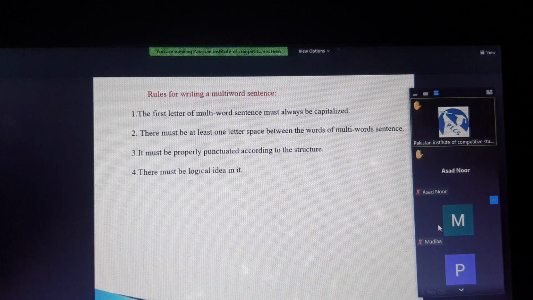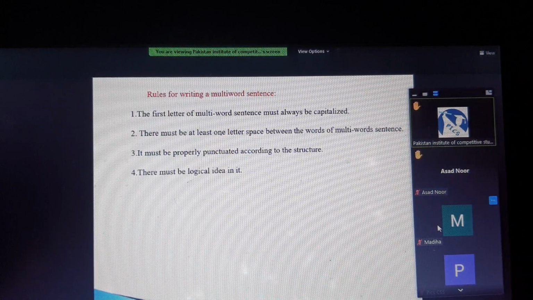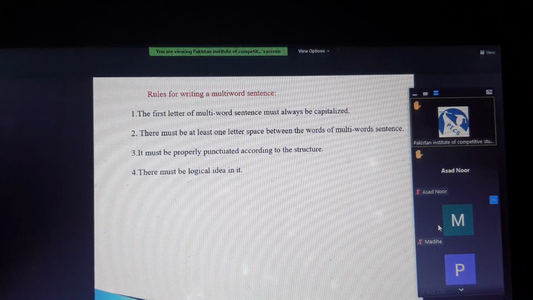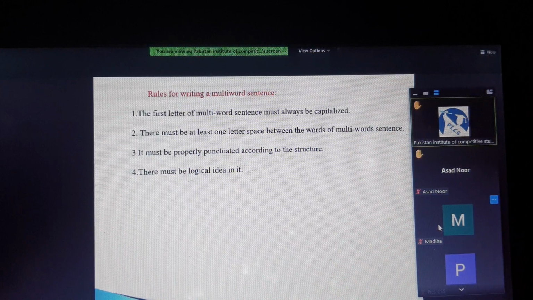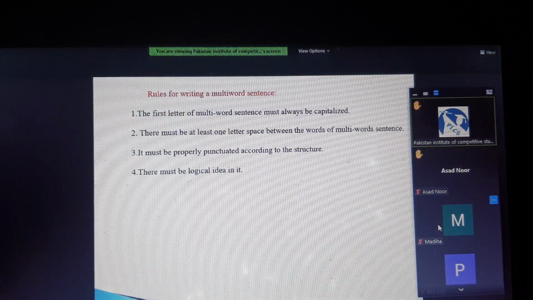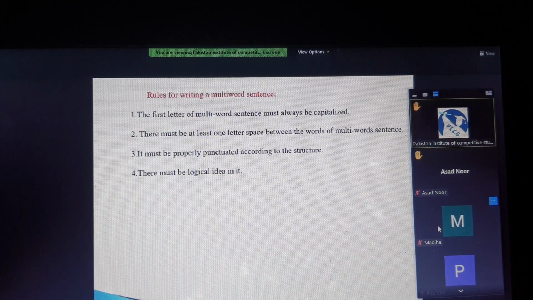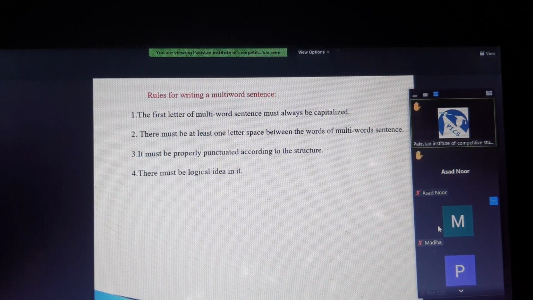These are 4 important rules which are very important to learn and to follow and to execute. जब भी आप multi-word sentence को लिखोगे, so you have to make sure that the first letter must be capital. उसका जो पहला हर्फ होगा वो कैपिटल होगा. अगर कैपिटल नहीं होगा, it will be considered wrong. आपको तो लगेगा कि छोटी सी मिस्टेक है, लेकिन इस तरह कॉम्पिटिटिव एग्जामिनेशंस में इस छोटी मिस्टेक की भी कोई गुंजाइश नहीं है.